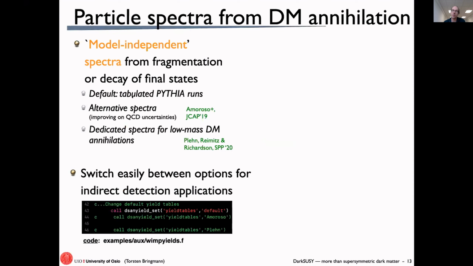For the model independent part, by default, we have tabulated a large number of Pythia runs, and interpolate between these such that you can directly access them for all possible standard model final states. But we've also tabulated alternative spectra, including, for example, different treatments of QCD uncertainties. There's a very simple way to switch between these, and this is demonstrated in one of the example programs.